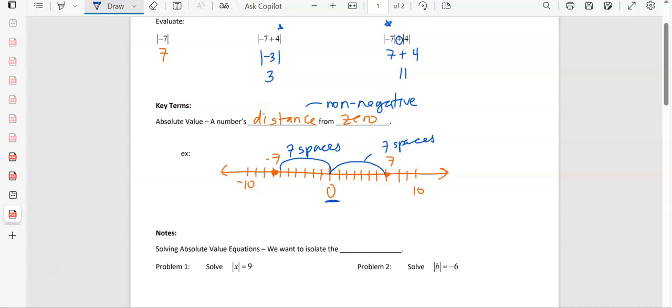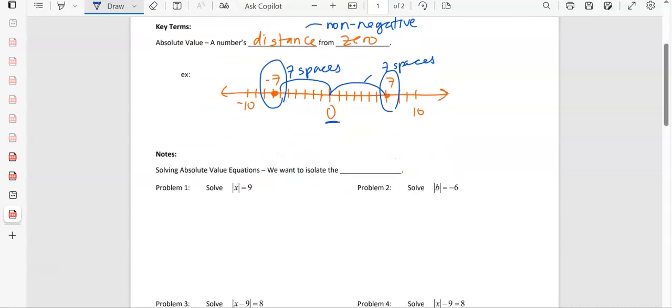So if we think about absolute value and we're asking ourselves, what number has an absolute value of 7, or what number is 7 spaces away from 0, there's actually two possibilities, -7 and +7. And that's actually going to impact what we're doing next, which is solving an absolute value equation.